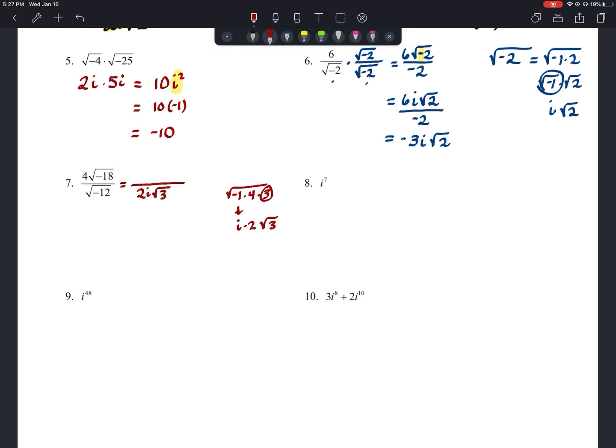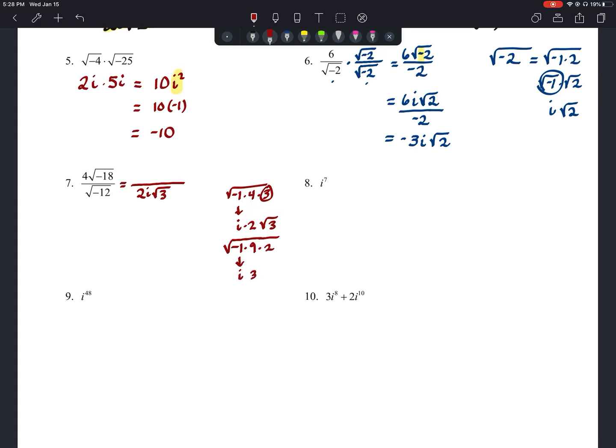Now on the top, we can do the square root of -18 first. So the square root of -18 turns into -1 times 9 times 2. Well, we can take the square root of -1. That's going to give us our i. The square root of 9 is going to be 3.